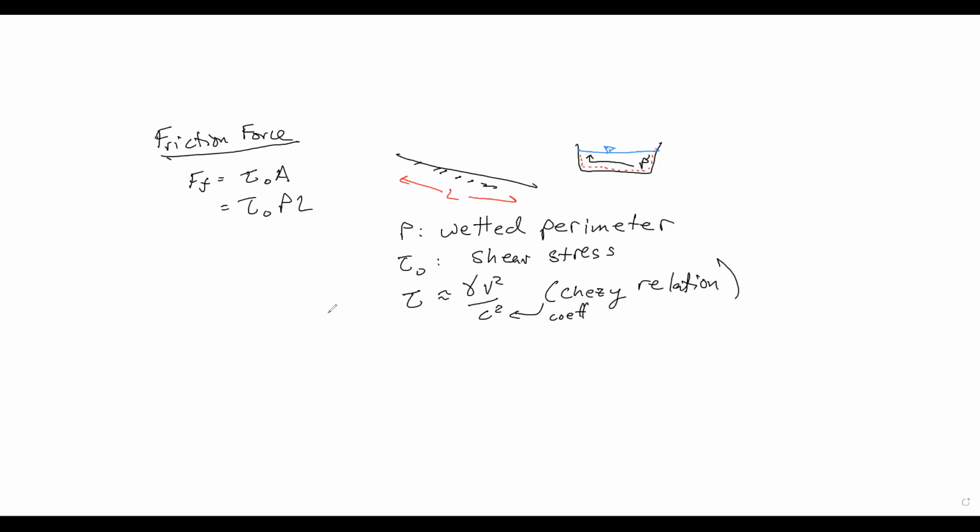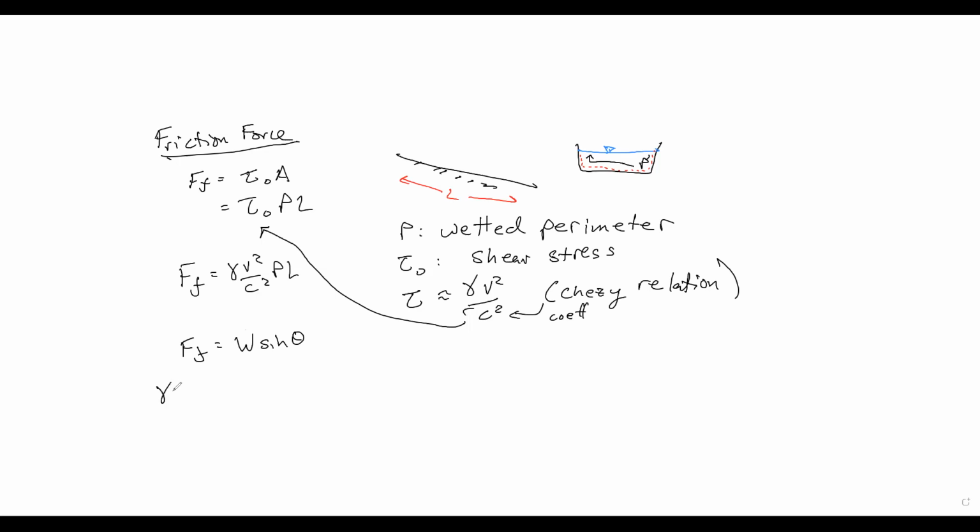And we will plug that in for shear stress up here. And so now we can say our force from friction is gamma V squared over C squared times P L. Now remember we're saying that our friction force is equal to the weight sine theta. So we're going to bring everything together.